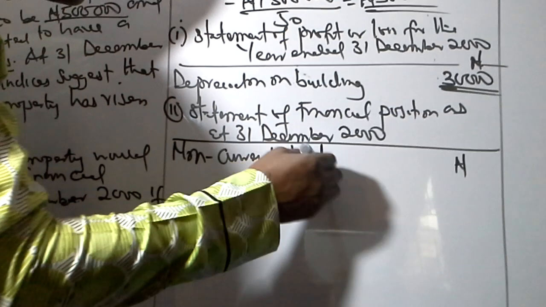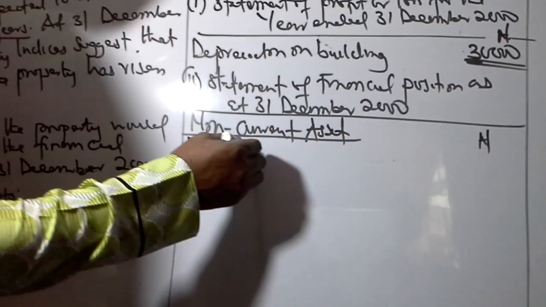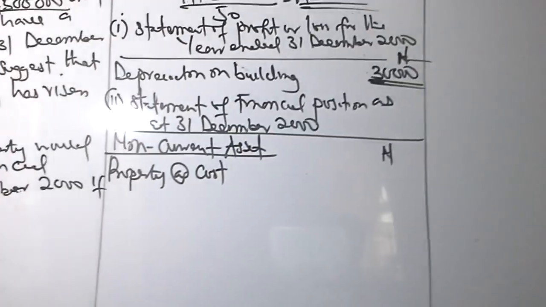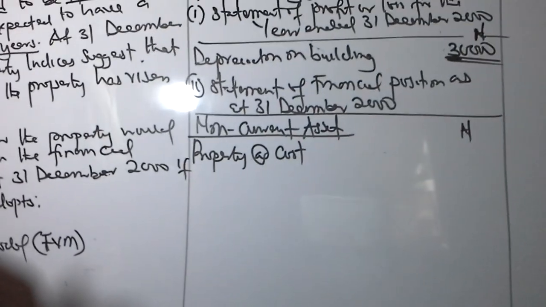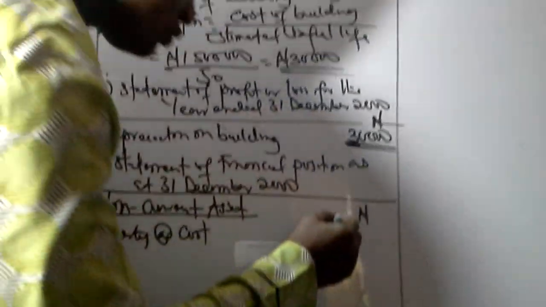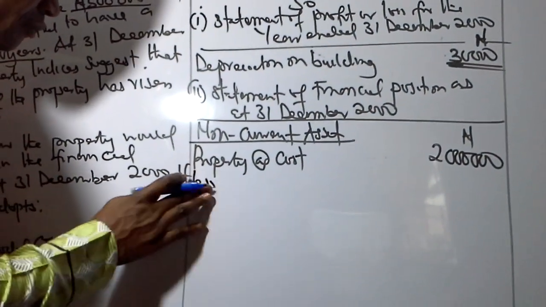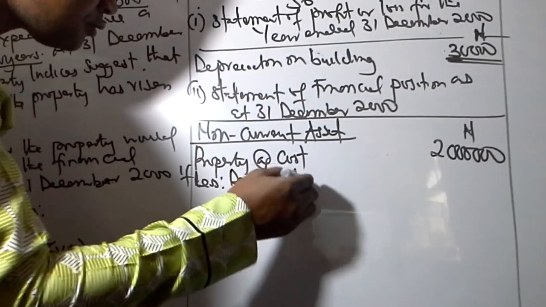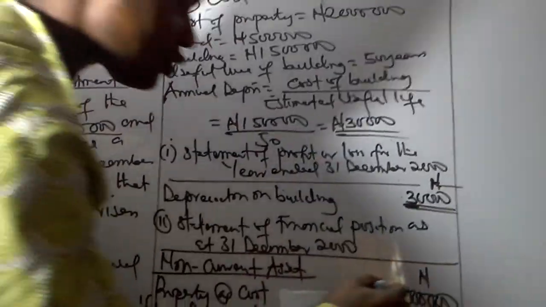Here you have non-current assets. You have property at cost. What is the cost here? The cost is 2 million. Less depreciation, 30,000.